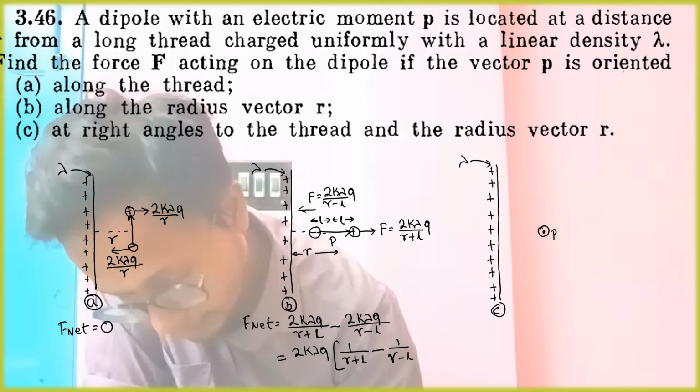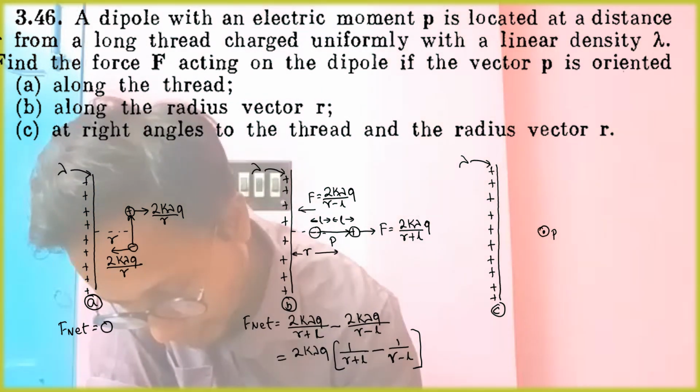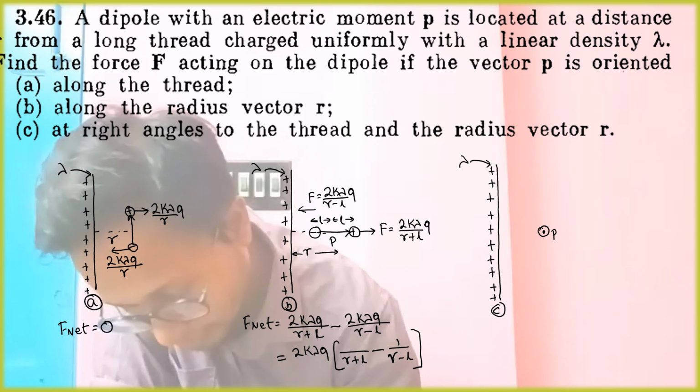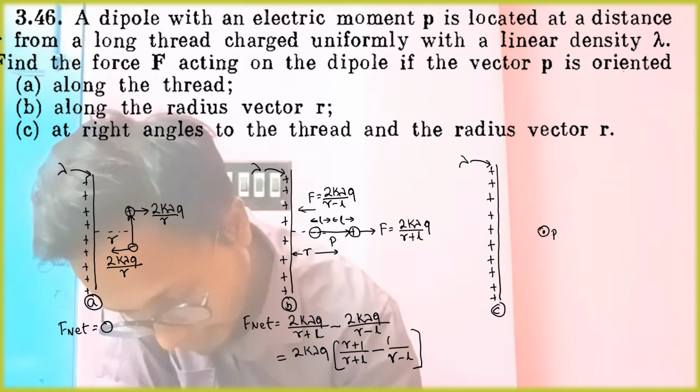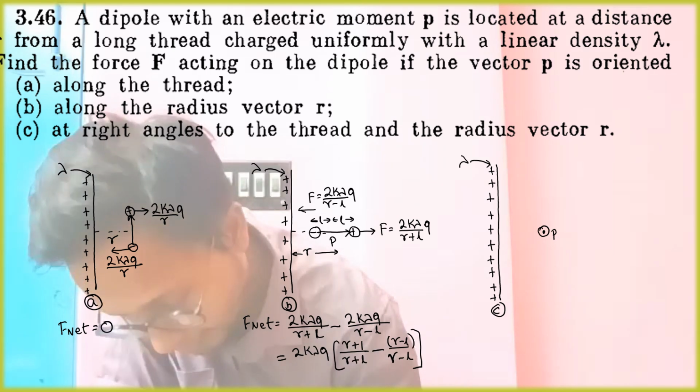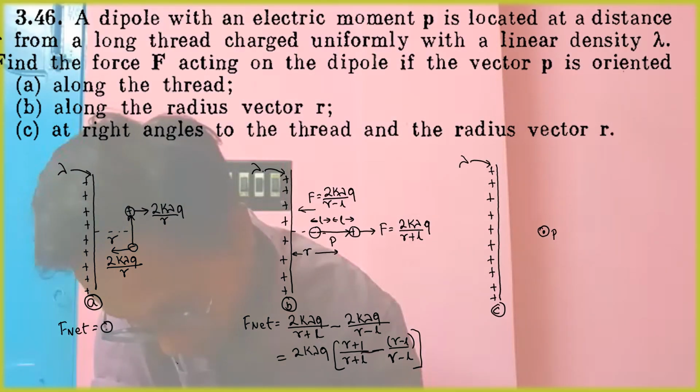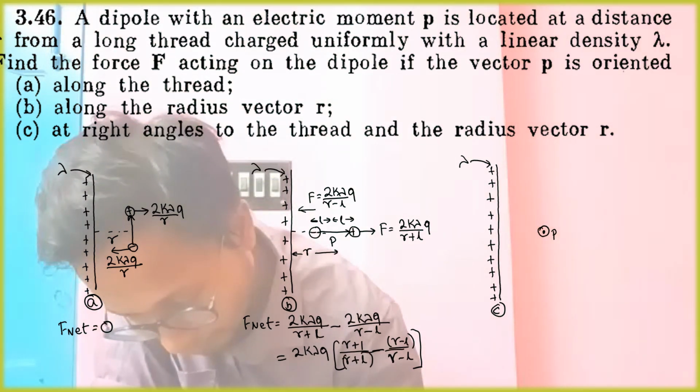If I take the LCM, it would be (r+l)(r−l), so the numerator would be (r−l) minus (r+l), and I have taken the LCM common of (r+l)(r−l), isn't it?